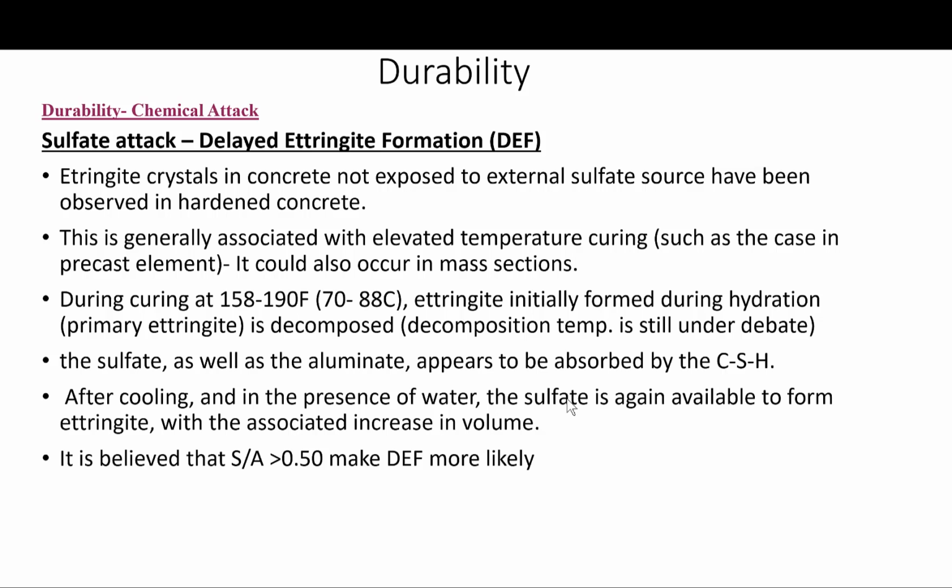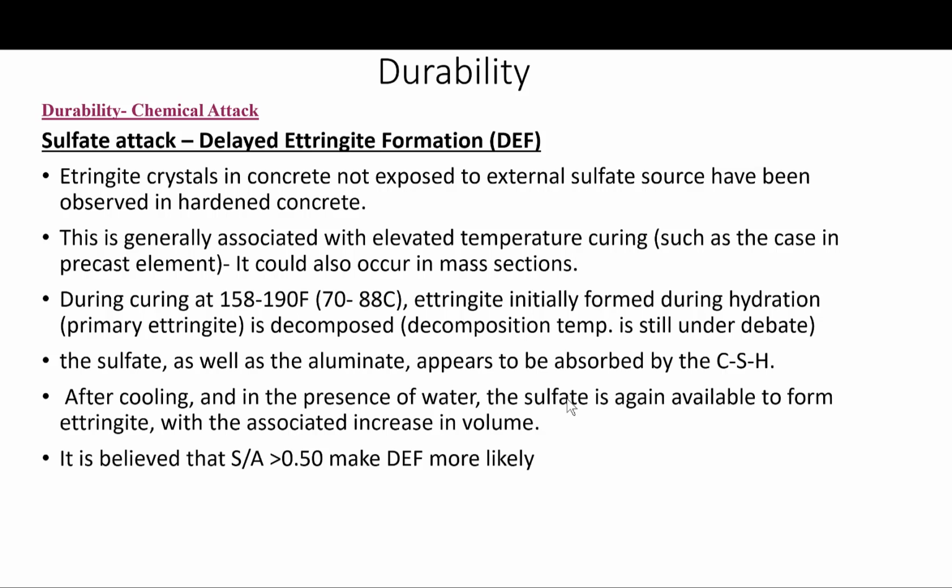The high curing temperatures destroy primary ettringite, and as a result, the sulfates as well as the alumina resulting from the decomposition of that ettringite appear to be absorbed by the calcium silicate hydrate. After cooling, however, the sulfate is again available to form ettringite, and some expansion or increase in volume has been attributed to such phenomena.